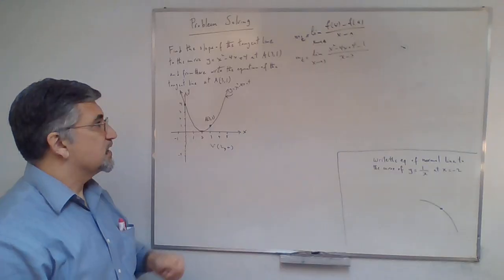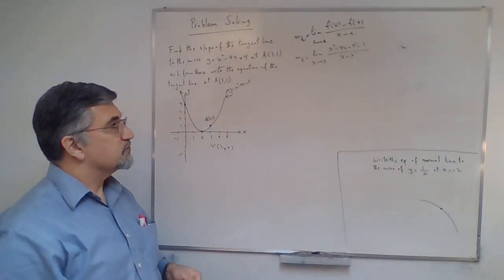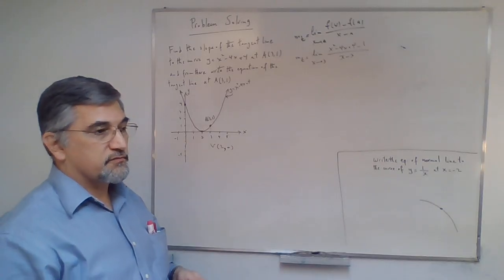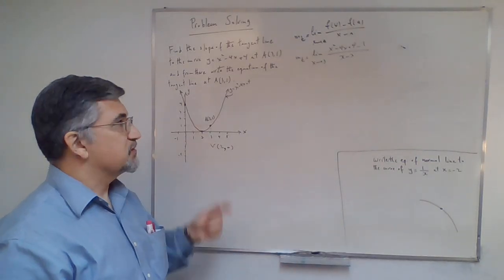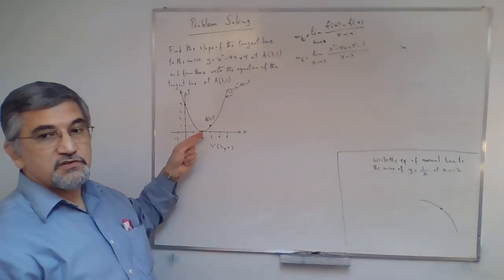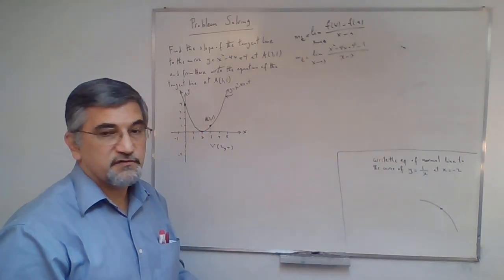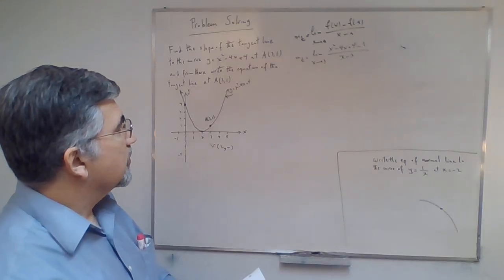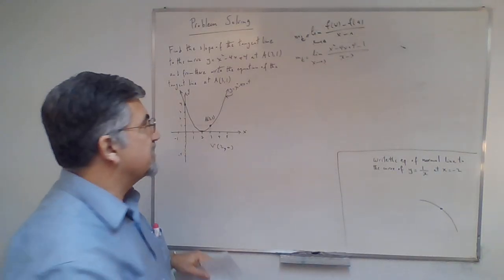And this is very important. We'll see in our future, more advanced problem solving sessions, that if the point is not on the graph, we have to solve the problems differently. Okay, so we are finding this limit, and if we can find this limit, that will be the slope of tangent.